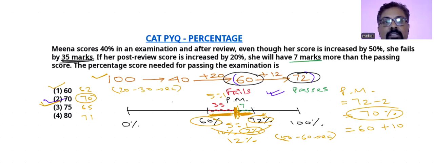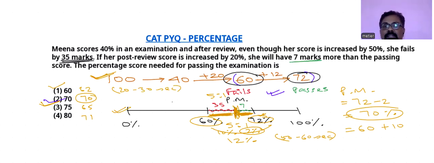This method will help to get the percentage and then the pass marks. And if only the pass marks are asked, you can follow this number line technique also. How can we get the pass marks?